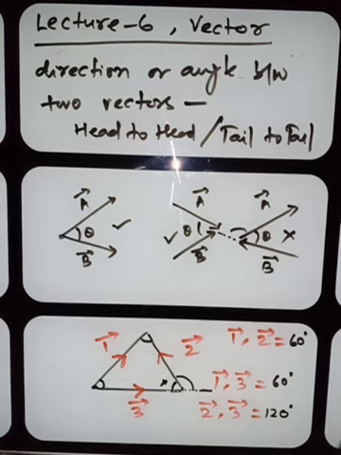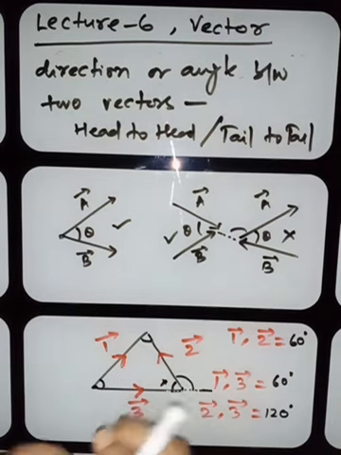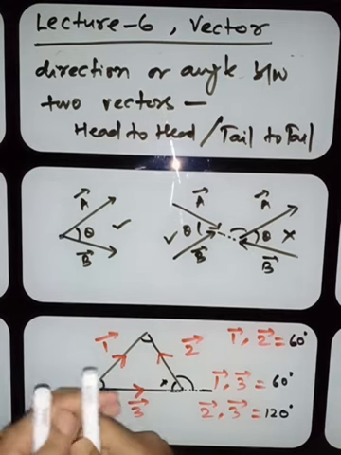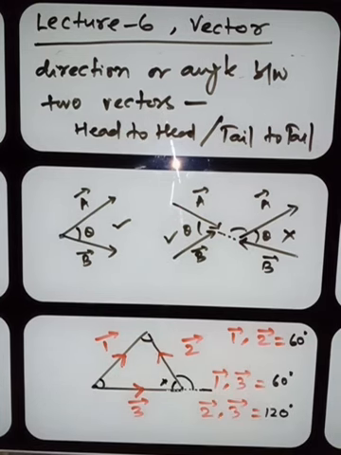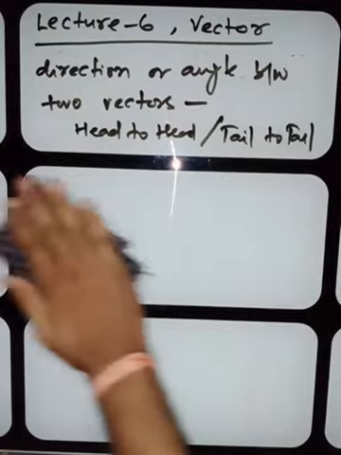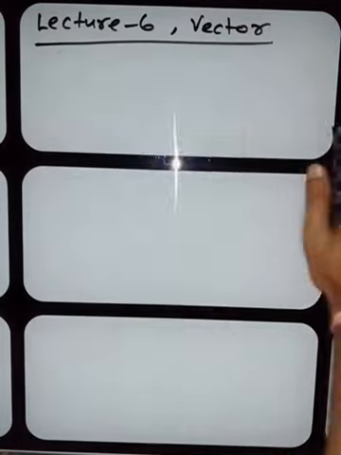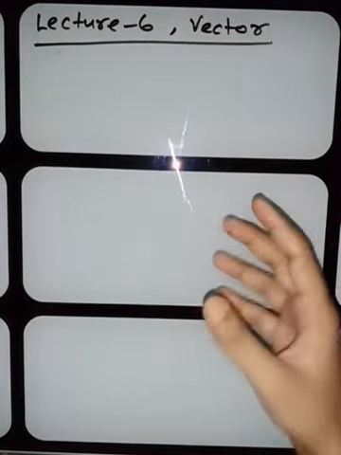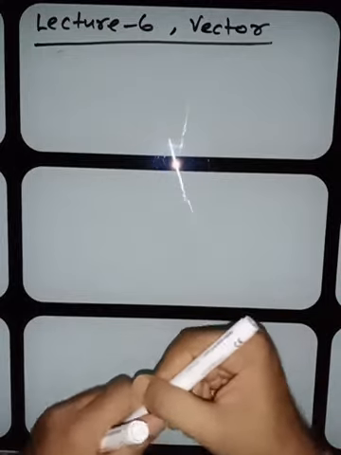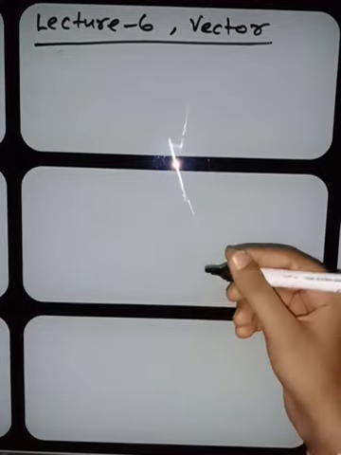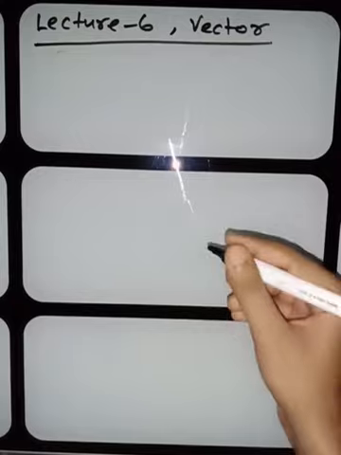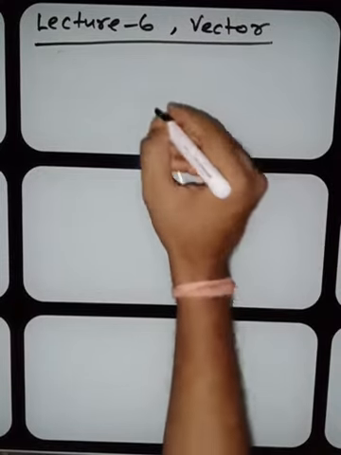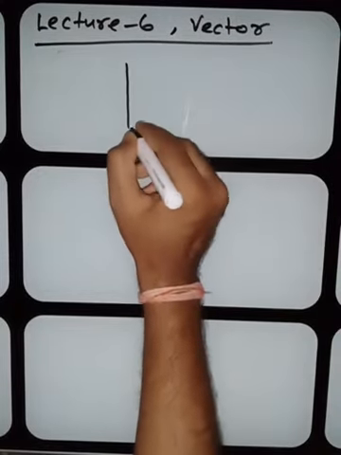Okay, my dear students, so lastly I am giving you homework. We are running out of time for today's lecture, so I am giving you homework here. Kindly note this down: find the angle between two vectors. This is a very important topic, vectors, so we will not move very fast, but slowly try to understand everything.